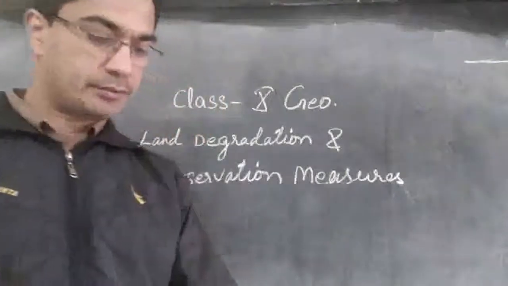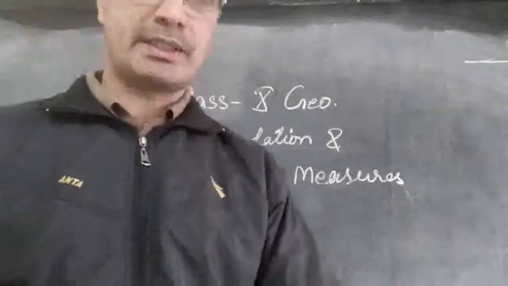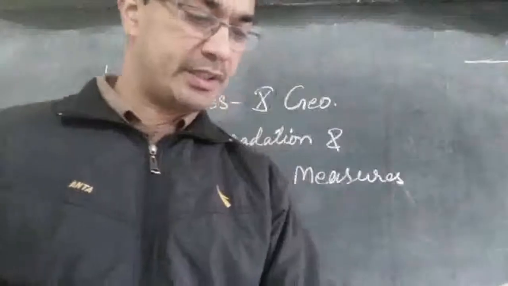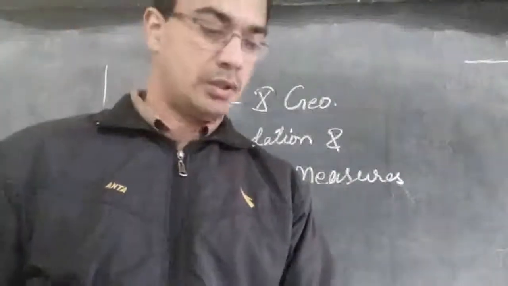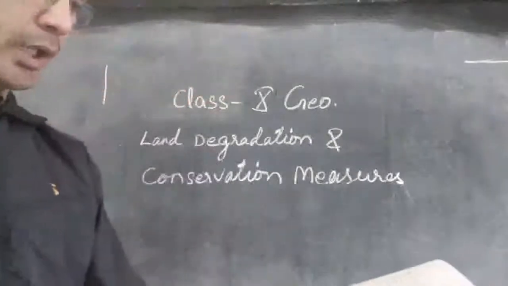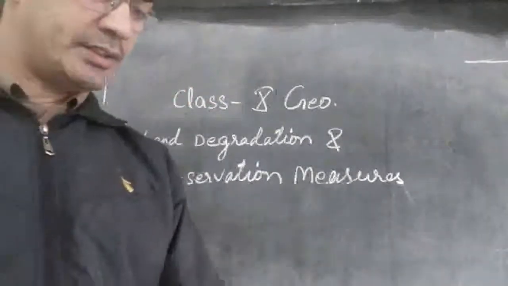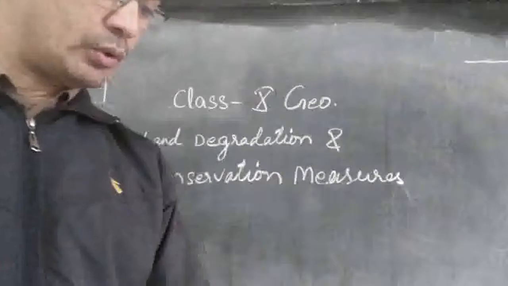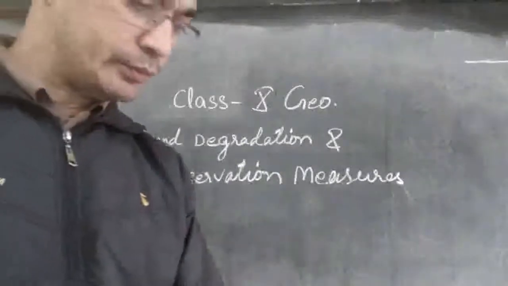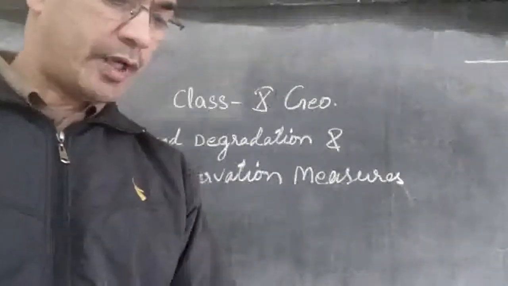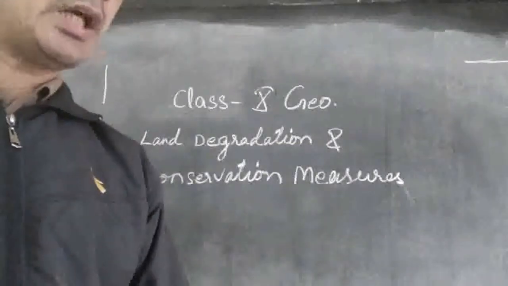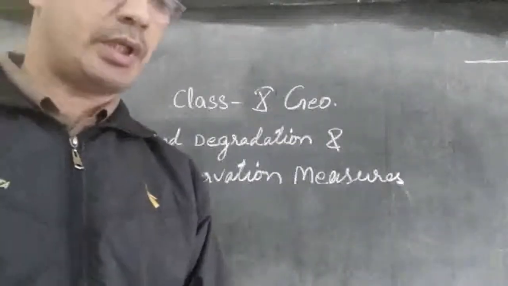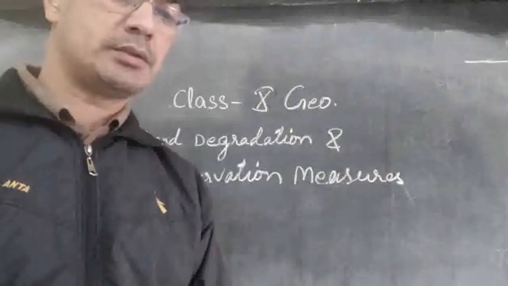We can look at your textbook, page number 6, land degradation and conservation measures. So we have shared our land with the past generations and will have to do so with the future generations too. 95% of our basic needs for food, shelter and clothing are obtained from the land.